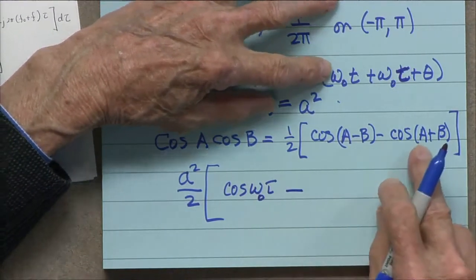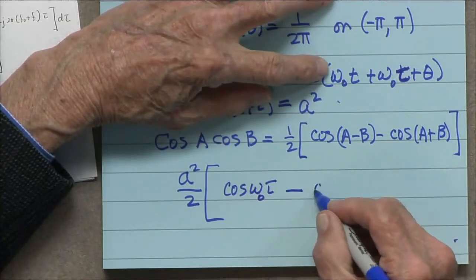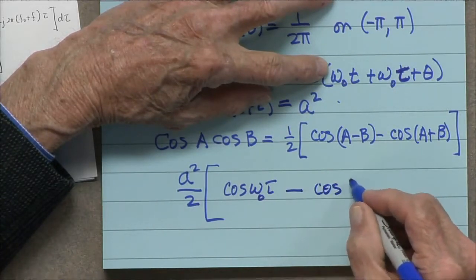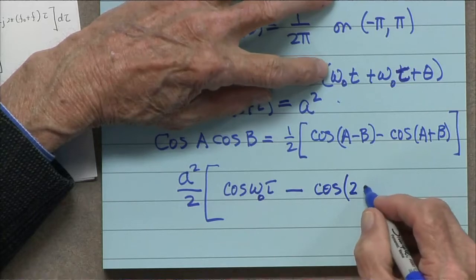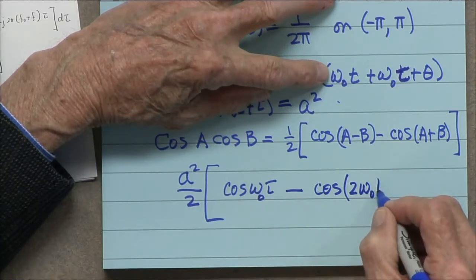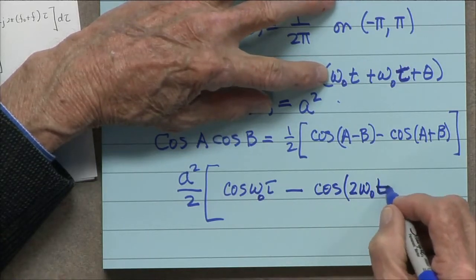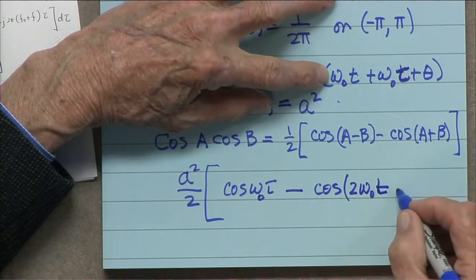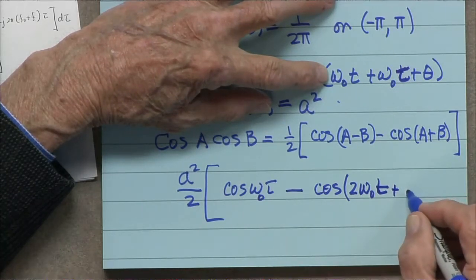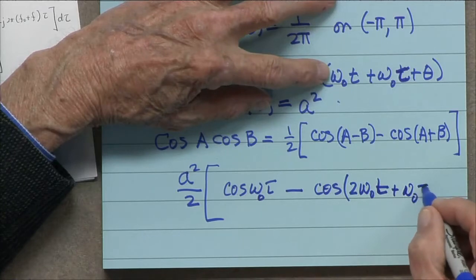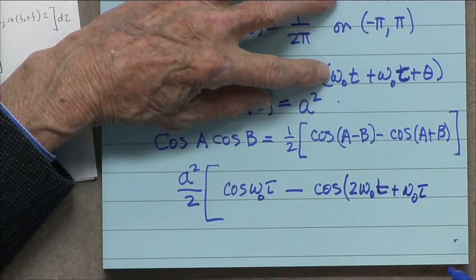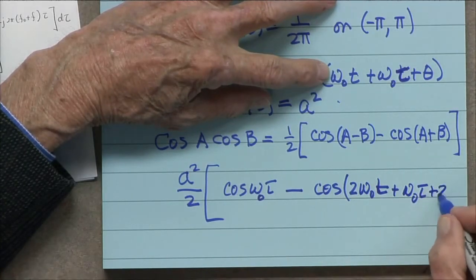Minus, we've got to add these two. Cosine 2 omega 0 t plus omega 0 tau plus 2 theta.